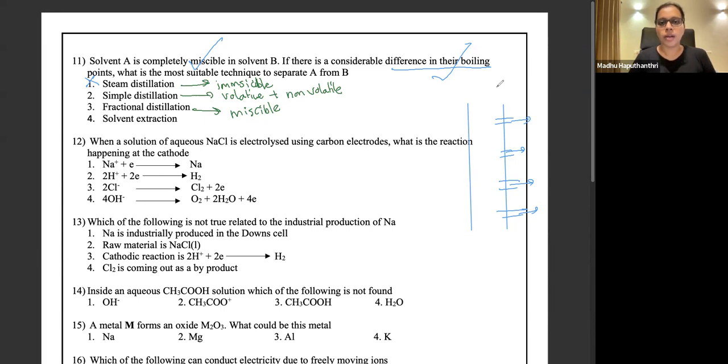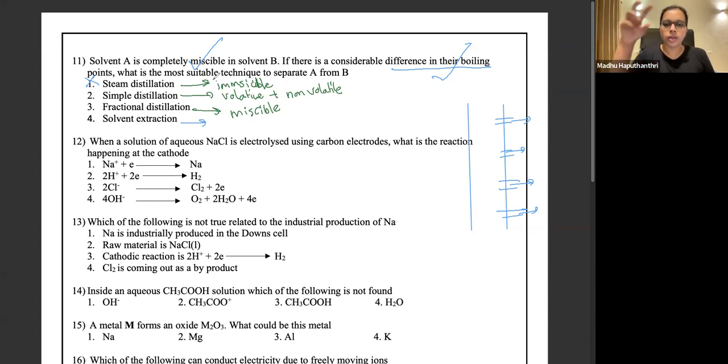And we are using the fact that those components have different boiling points. Solvent extraction: what you do is extract a certain substance that is in a less soluble solvent into another solvent where it is more soluble. Assume you have a solvent in which some species is dissolved, but that species is not happy inside that solvent.